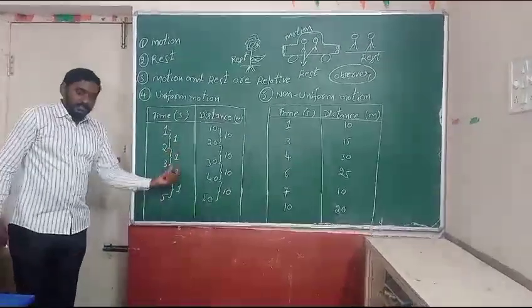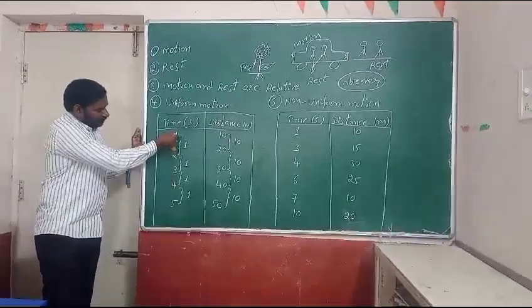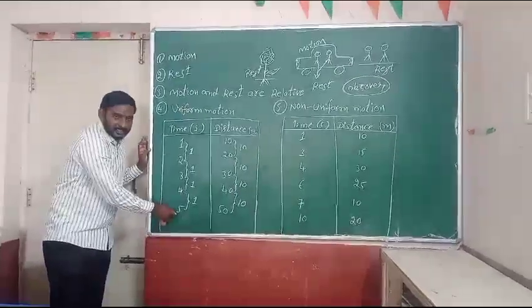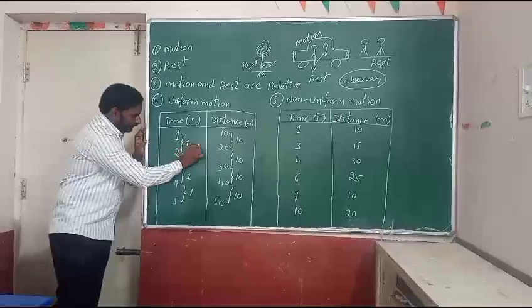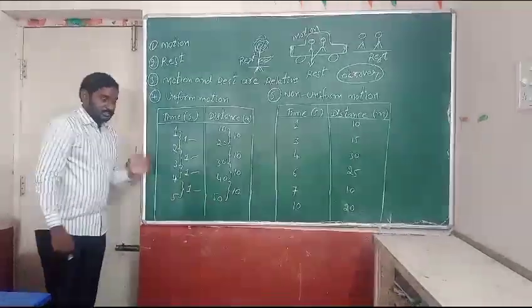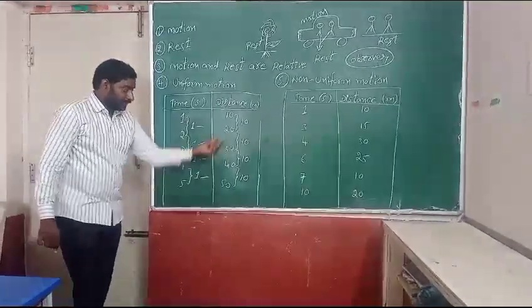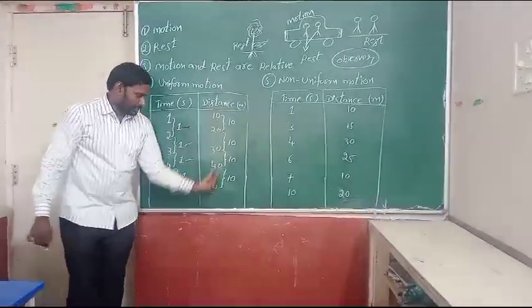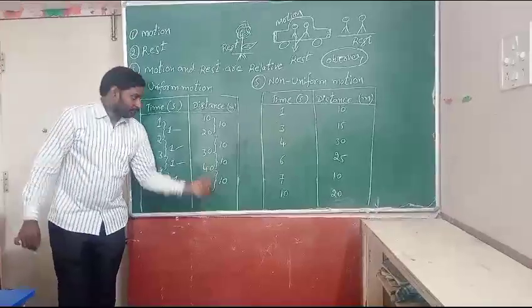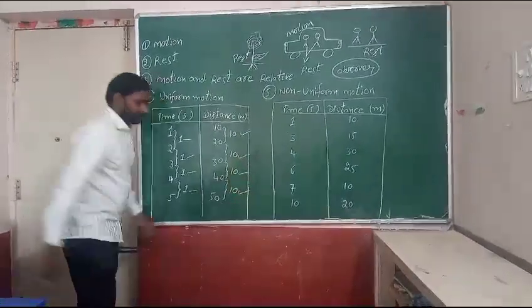So each time interval from 1 second to 5 seconds has an equal difference of 1 second, that means equal intervals of time. The differences between all the distances are also equal, 10, 10, 10, 10.